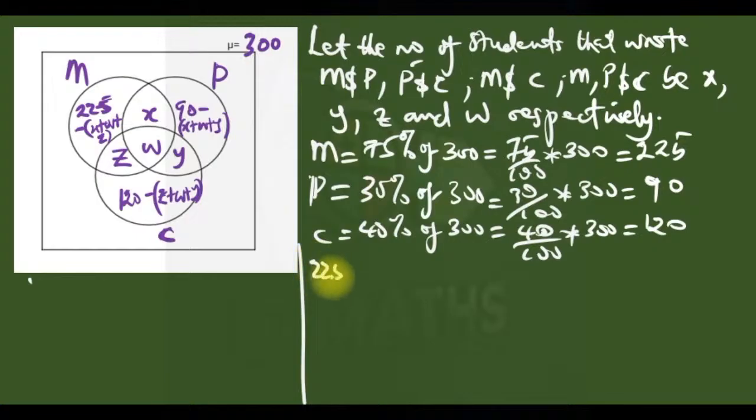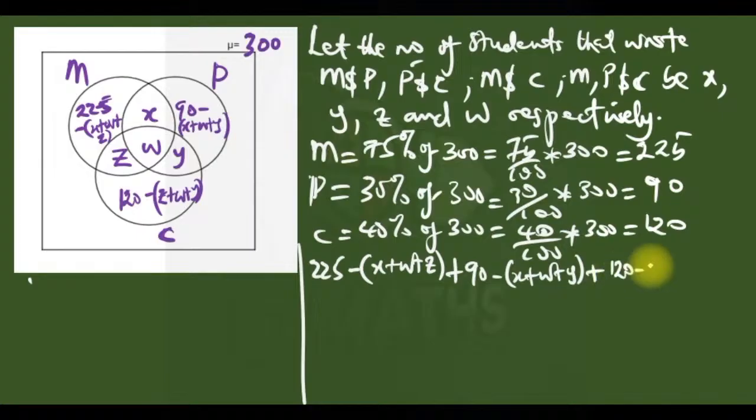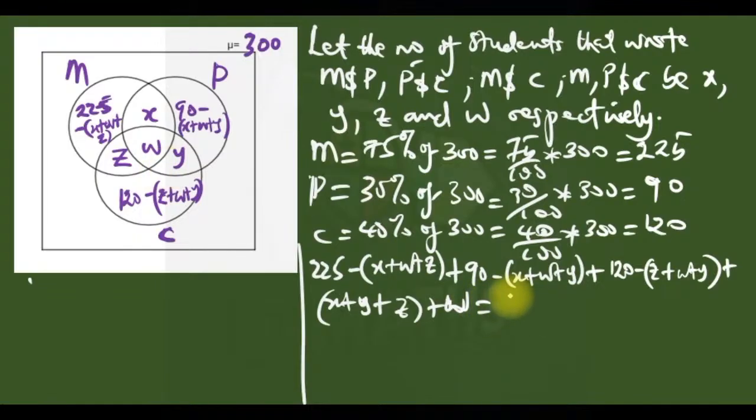Therefore 225 minus X plus W plus Z, that's the people that wrote only maths, plus the people that wrote only physics, which is 90 minus X plus W plus Y, plus people that wrote only chemistry, which is 120 minus Z plus W plus Y, plus people that wrote two subjects, which is X plus Y plus Z. Finally, people that wrote all three, which is W, must give us 300.